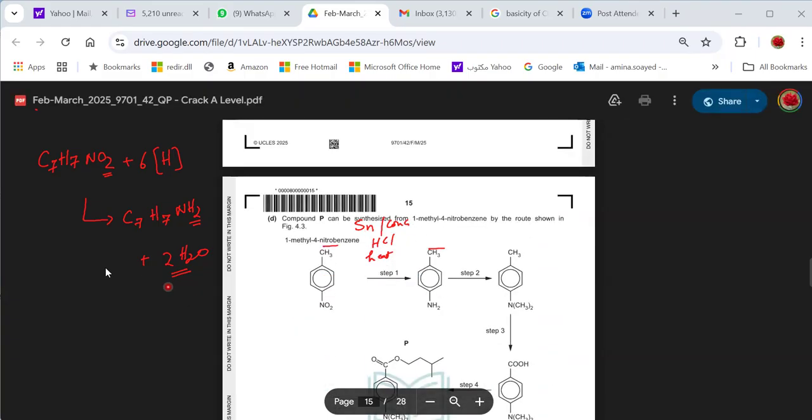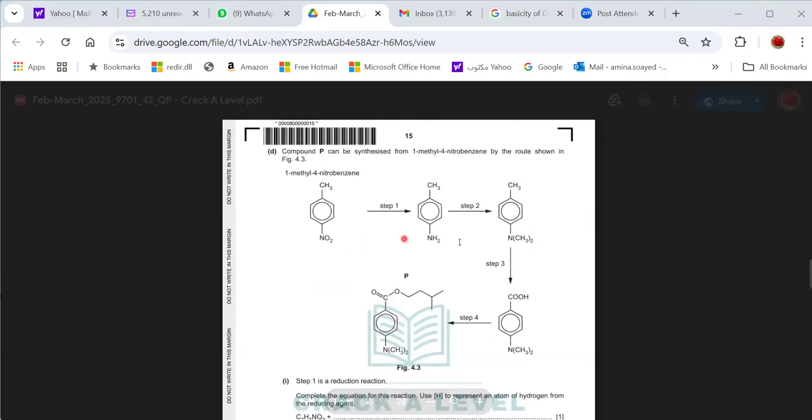In step 2, we have the NH2 group changed to N(CH3)2. We know that if you have a halogenoalkane and you react it with ammonia, you get CH3NH2 plus HBr.